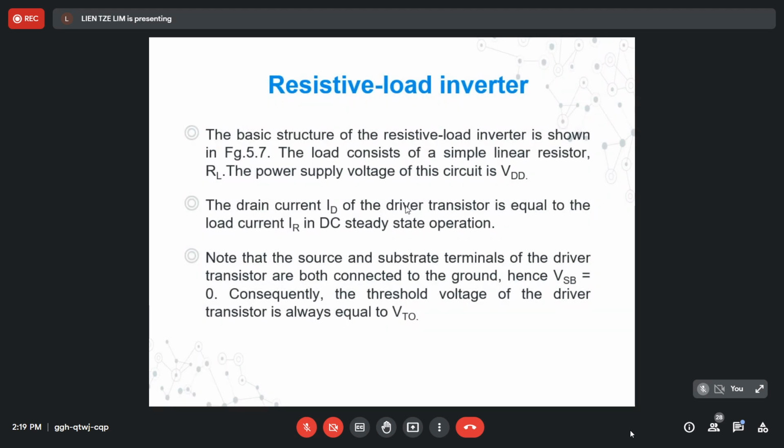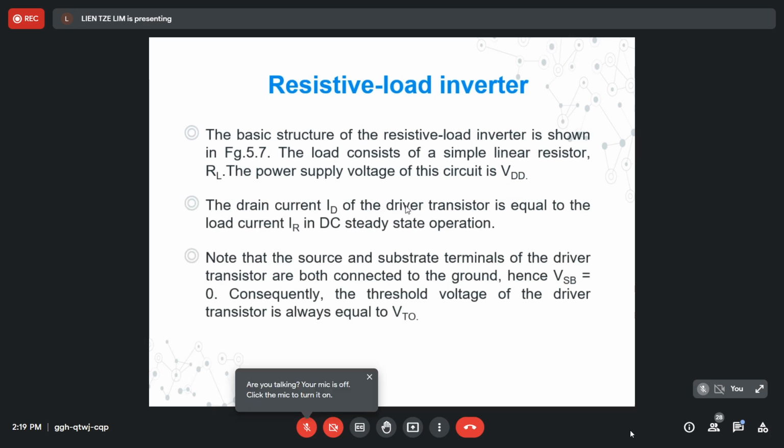Next I will mention the operations of the resistive load inverter. All of you know how the inverter operates, but now I will mention further on the current. There is a current flow in this inverter: drain current and the resistor current. Also, some of the calculations you need to know.